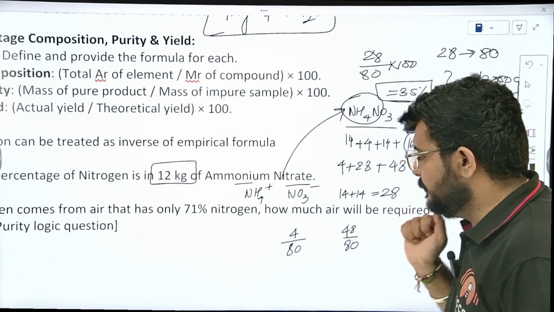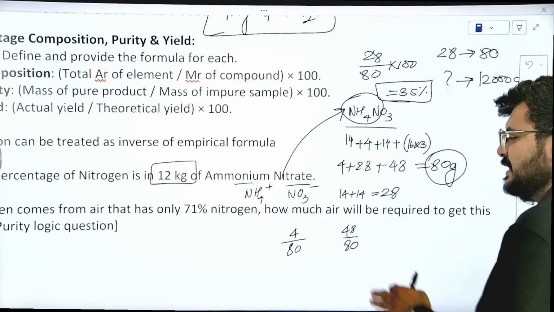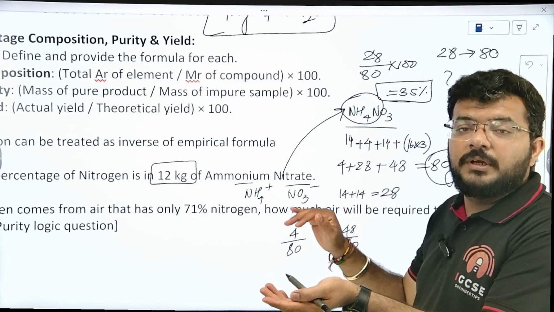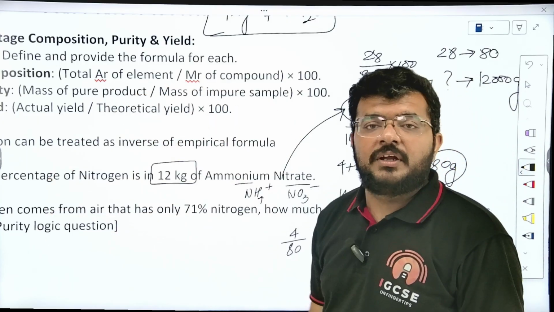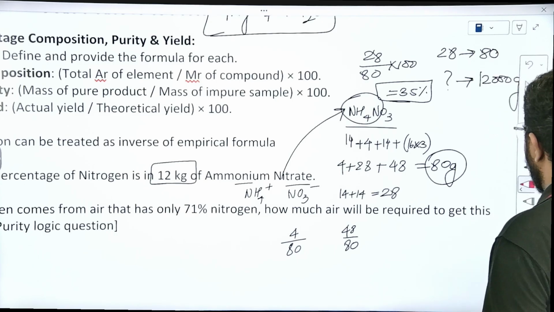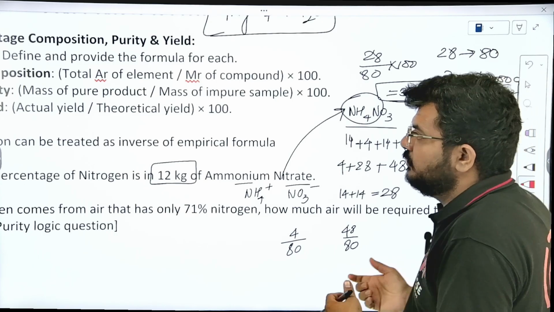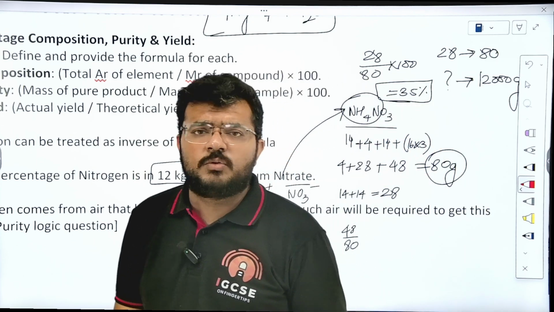What I want you to remember is this is just the starting of empirical formula. I can take these percentage masses and establish the empirical formula, right? That can work out. This is how much, right? Quantitative analysis, in other words.